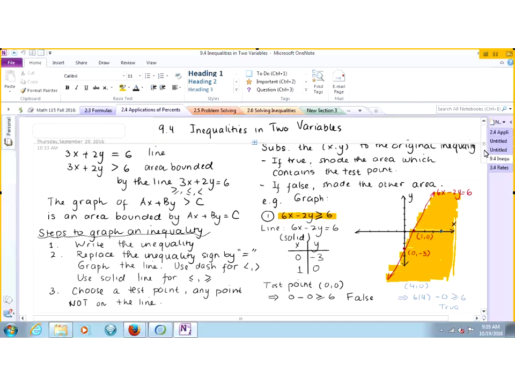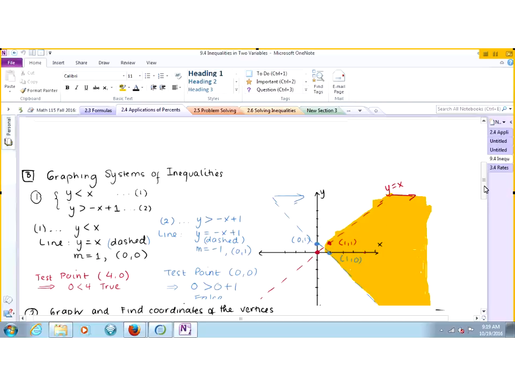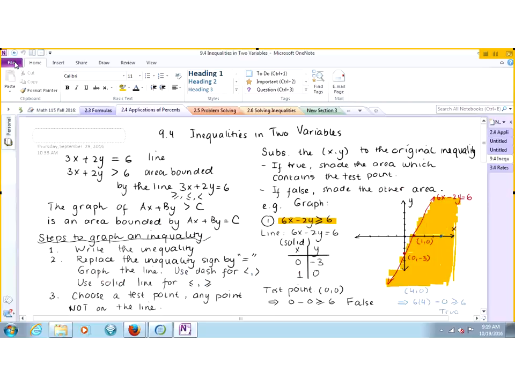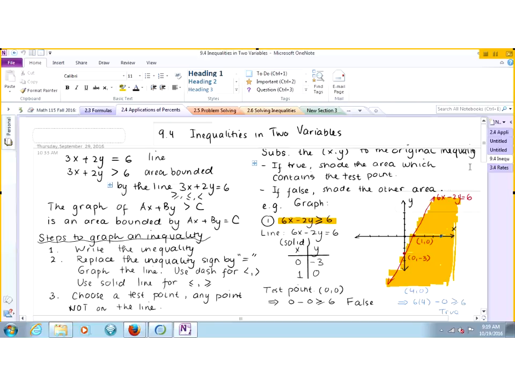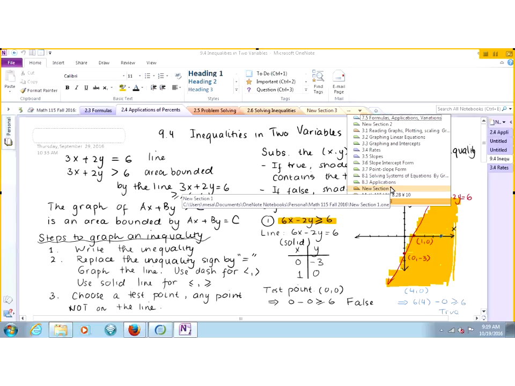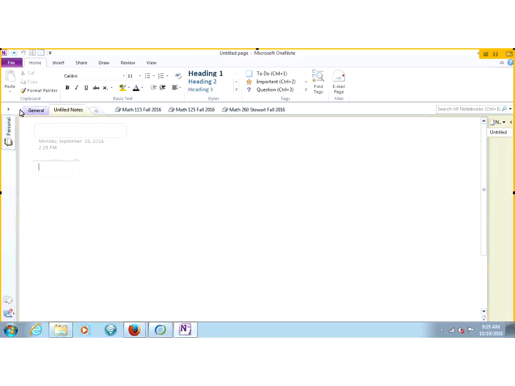Is this the one that we did? I think this is Math 125. Isn't it? Okay, so let me open a new file and find 9.4. Where is it? Not this one. I thought I saved it yesterday. Hold on. Didn't I save it?